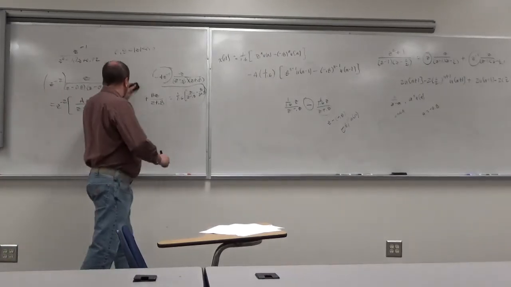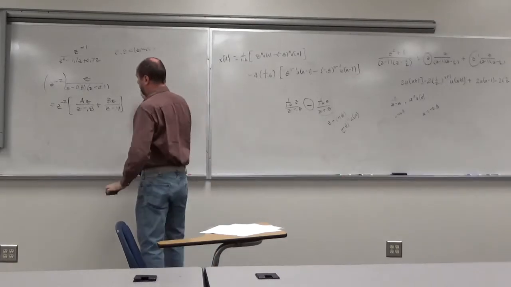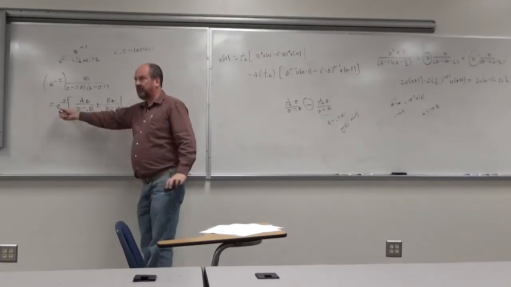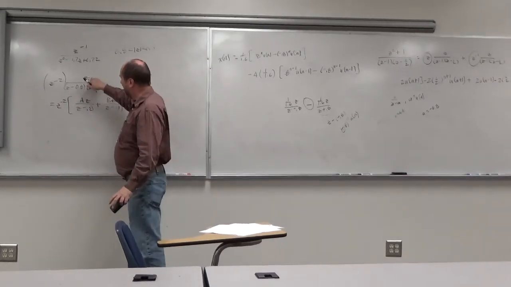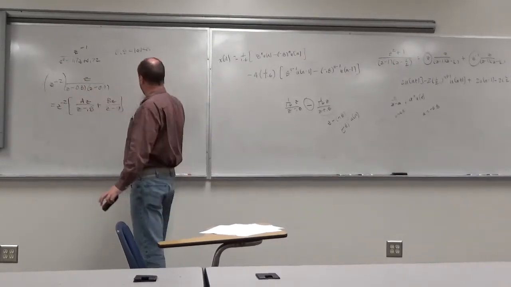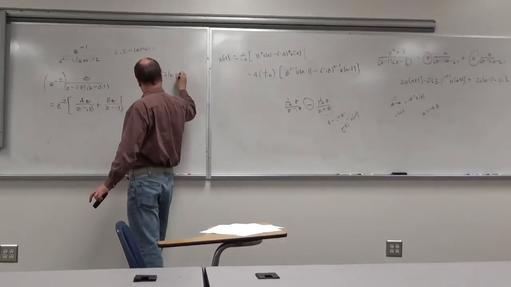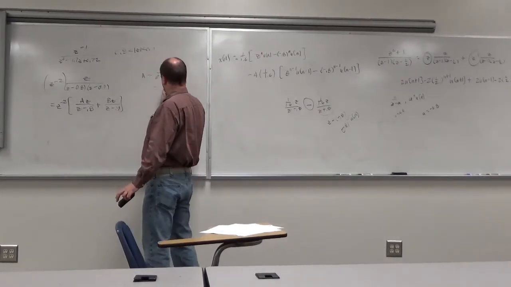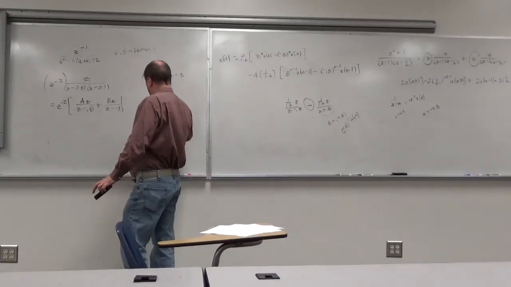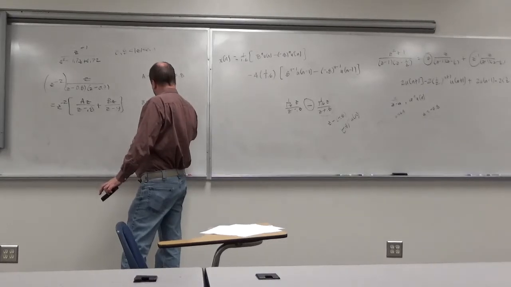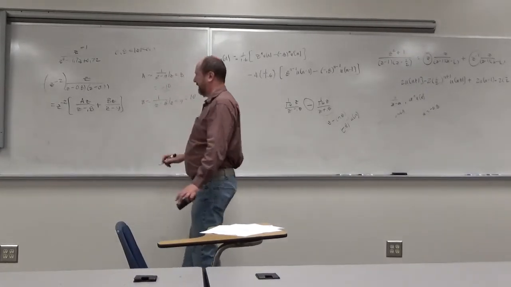I've got my z to the minus 2 out front, so forget it. I factored this z out, so forget it. So A is just 1 over z minus 0.9 evaluated at z is 0.8. Negative 10. B is 1 over z minus 0.8 evaluated at z is 0.9. And I think that's positive 10.